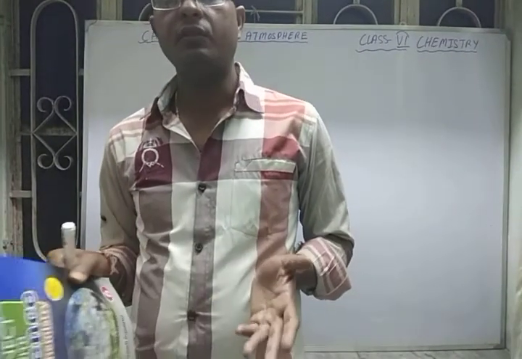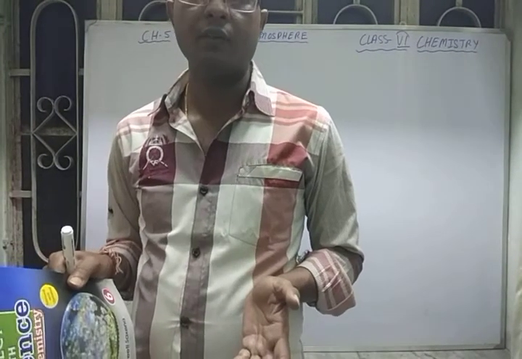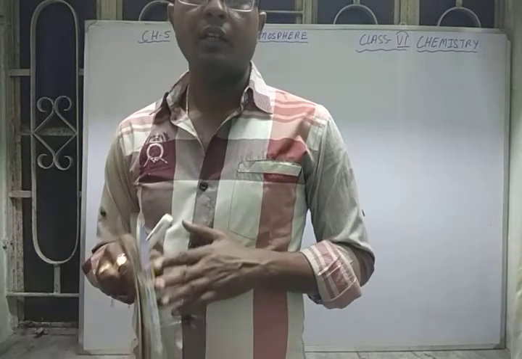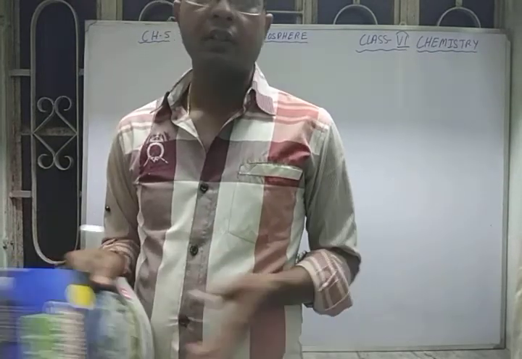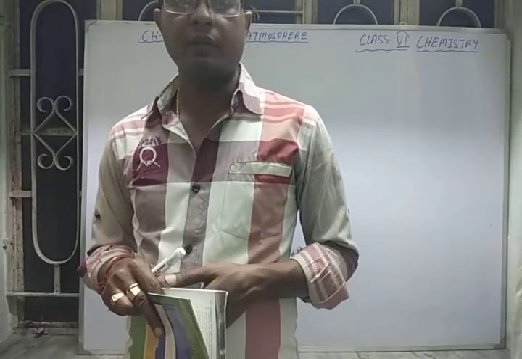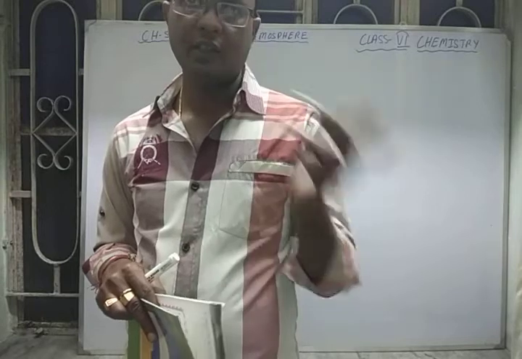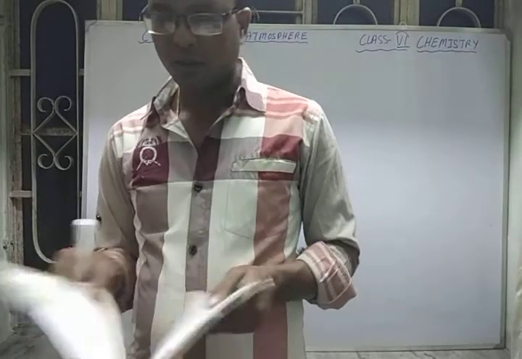If there is no air, no atmosphere around the earth's surface, there will be no life, okay. We will see how air helps us to survive other than giving oxygen and carbon dioxide, okay.